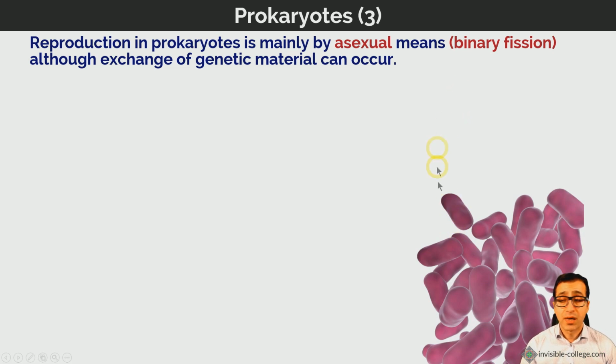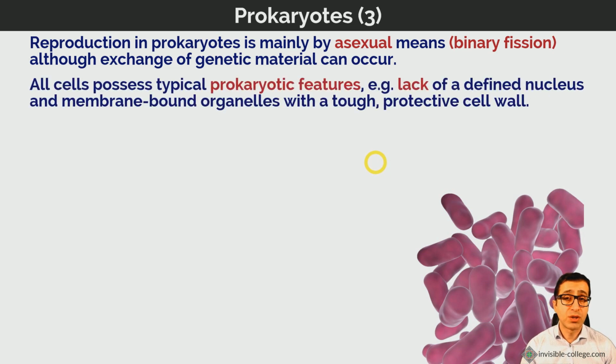All cells of the bacteria and archaea possess typical prokaryotic features. The single biggest difference between prokaryotes and eukaryotes is not their size, it's the fact that prokaryotic cells, whether you're talking about archaea or bacteria, lack internal membrane-bound organelles. So they lack a nucleus because it's a membrane-bound organelle, and pretty much all of the other membrane-bound organelles that you find in eukaryotes are missing in prokaryotes.